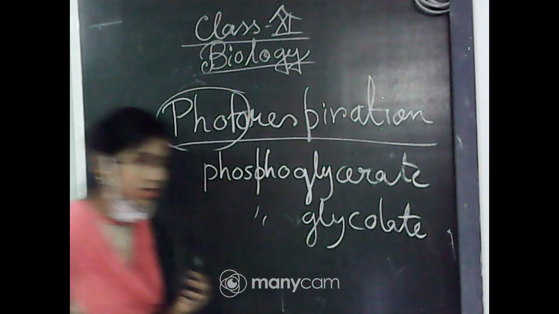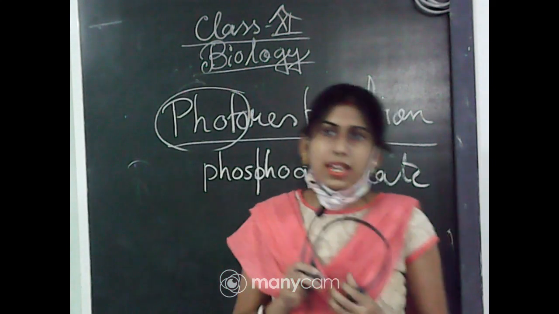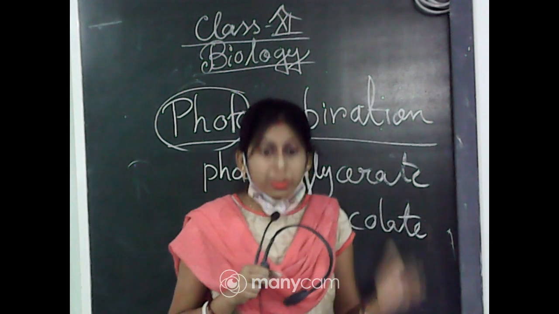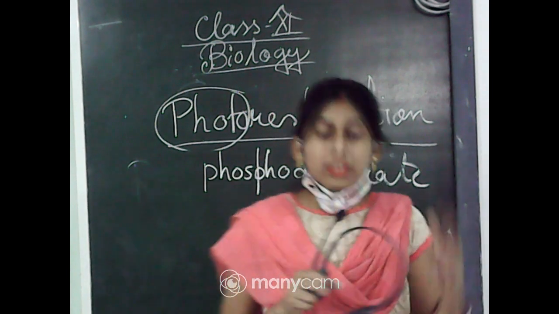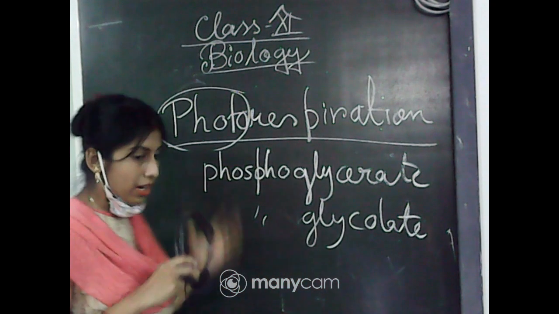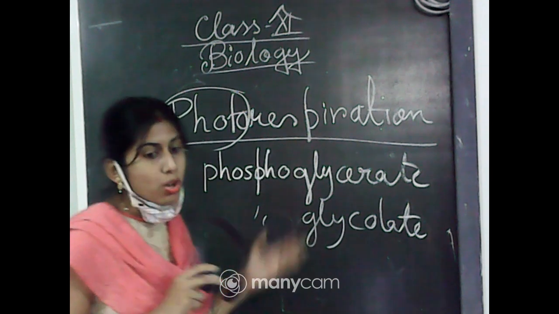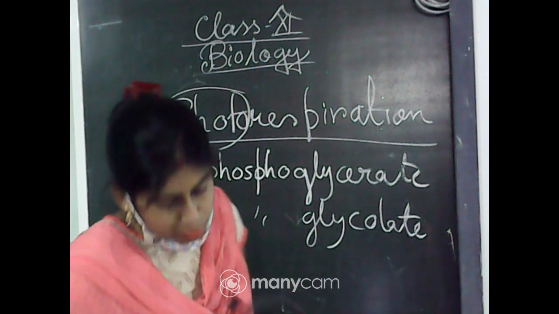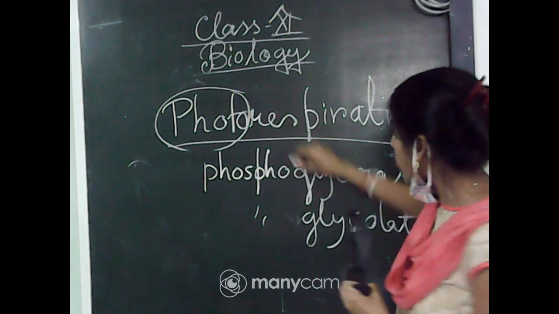So just try to understand this part, that naturally in the Calvin cycle CO2 will be fixed and 2 molecules of 3-PGA will be formed only when the Rubisco enzyme binds with CO2. But if Rubisco enzyme binds with oxygen, then it will not convert into 2 molecules of PGA, and ultimately the glucose will not be formed. Instead of that, 1 molecule of phosphoglycerate and phosphoglycolate will be formed, and this pathway is called photorespiration.